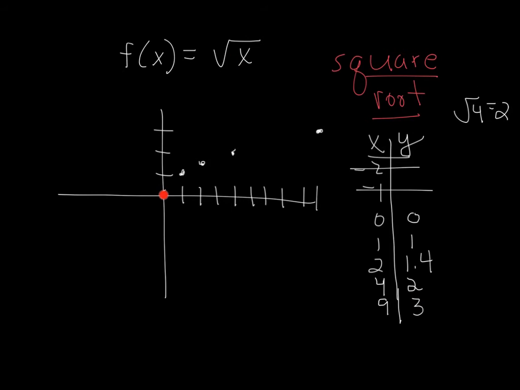So it just starts right here. This is the lowest number we're allowed to plug in. And then it just kind of goes like this. The higher this number, it will keep going up, but it's kind of going up slowly compared to how it's going this way. So we'll connect the dots. And we've got a square root function.